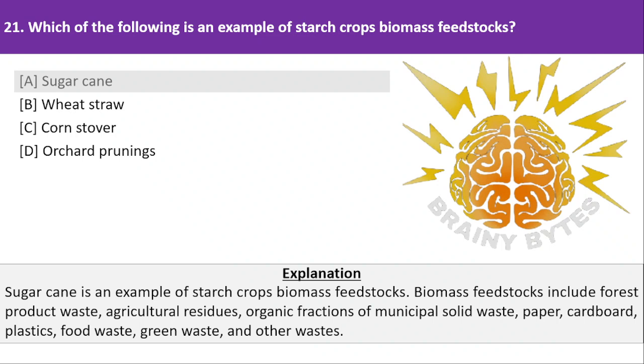Sugarcane is an example of starch crops biomass feedstocks. Biomass feedstocks include forest product waste, agricultural residues, organic fractions of municipal solid waste, paper, cardboard, plastics, food waste, green waste, and other waste.